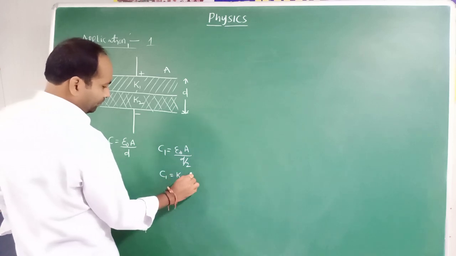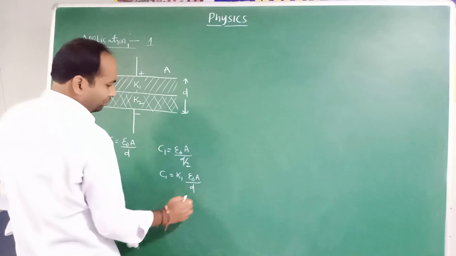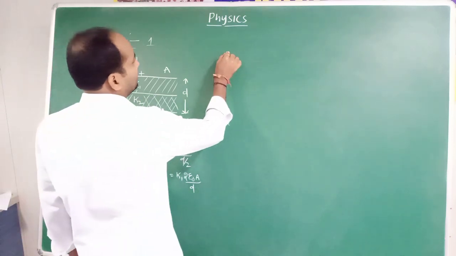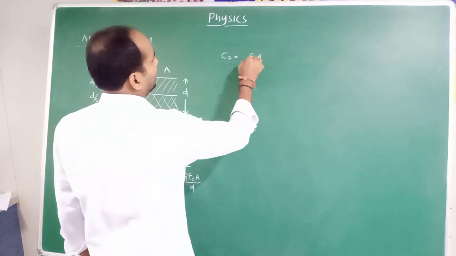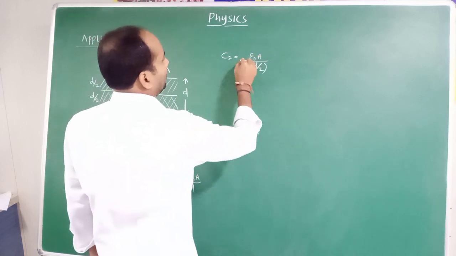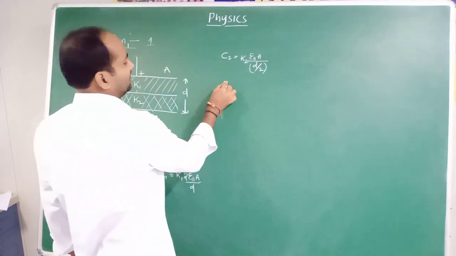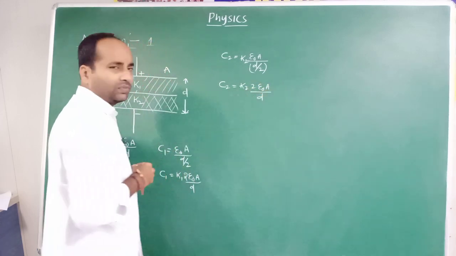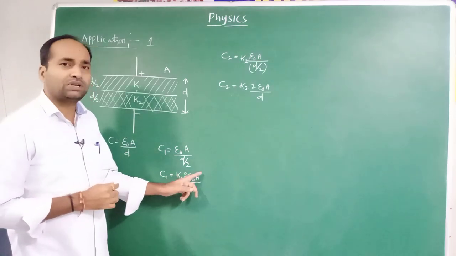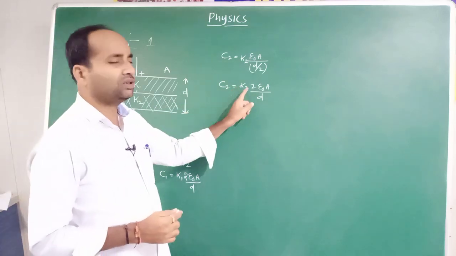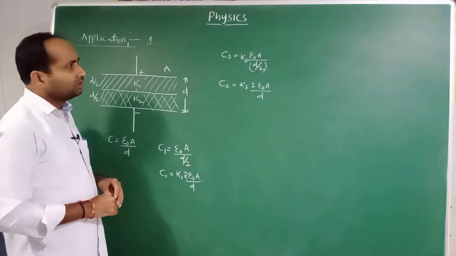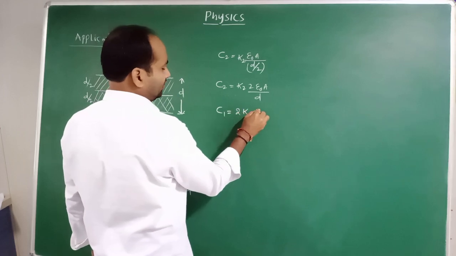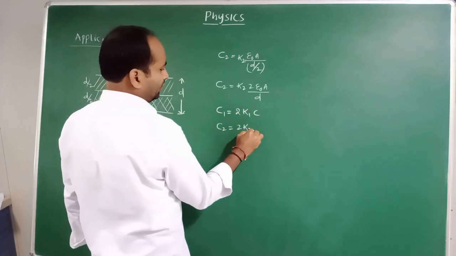So C1 is K1 epsilon naught A by D by 2, which becomes K1 2 epsilon naught A by D. In the same way, C2 is epsilon naught A by D by 2 with dielectric constant K2, that is C2 is K2 2 epsilon naught A by D. Or we may write C1 is equal to 2K1C, and C2 is equal to 2K2C.